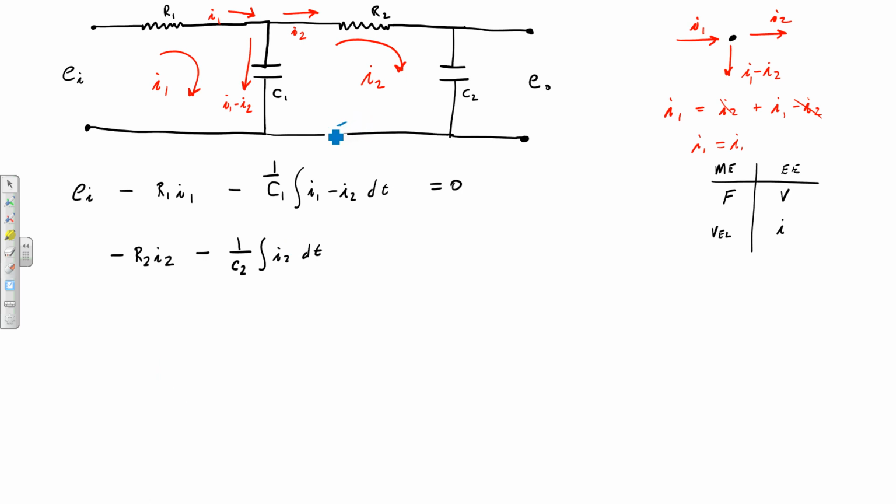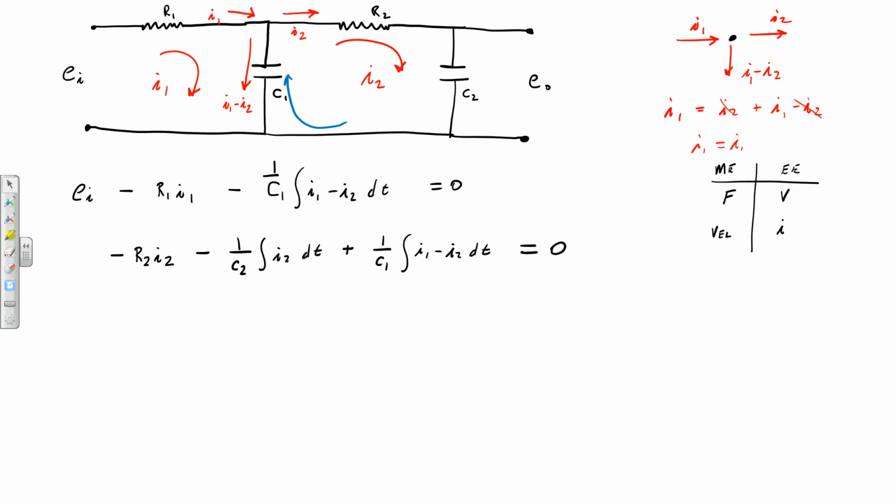But recognize here that I have drawn the current going down, but as I do the loop, I'm going back up. So I can't do negative. I actually have to do positive because I always do negative, but in this case, I have to do it the other way. So I actually have to do plus 1 over C1, and the same thing here, integral I1 minus I2 dt. And then that's equal to 0.